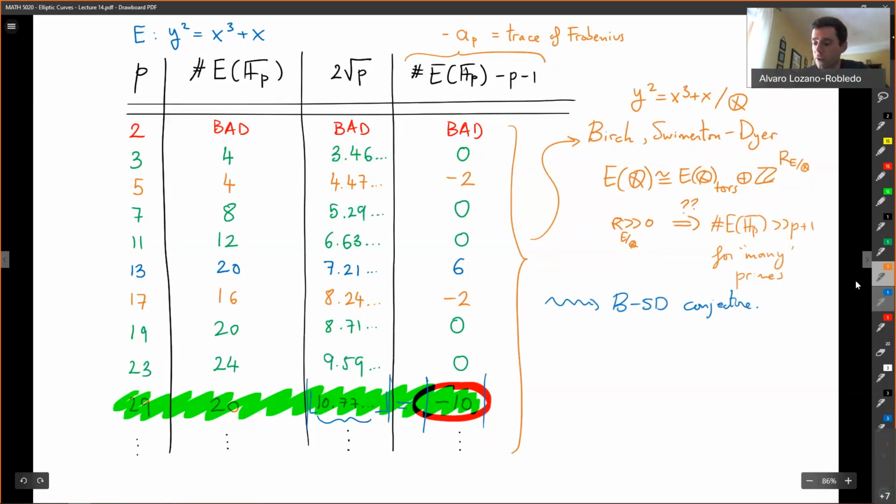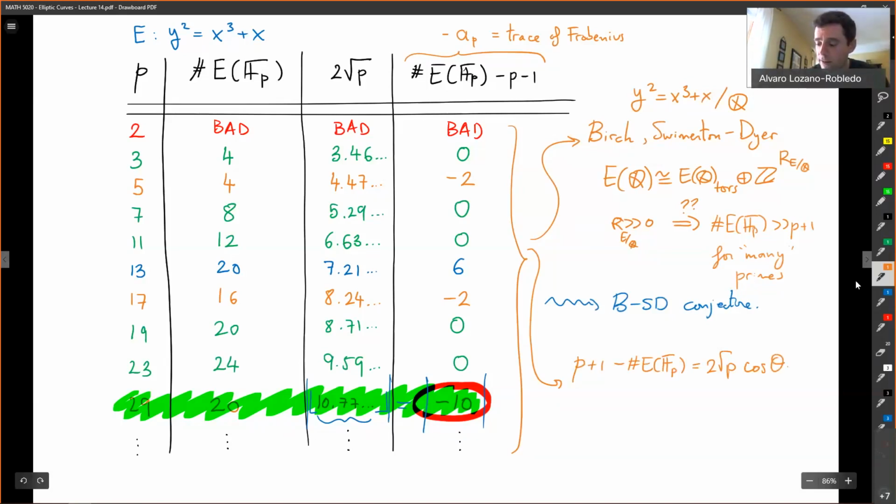Okay, so that is one direction. The other direction is the following. You can write Hasse's theorem in another way. Hasse's theorem tells you that if I write p plus 1 minus the number of points, which is the trace of Frobenius, I can write it as 2 square root of p, that would be if it was the largest, times a cosine.